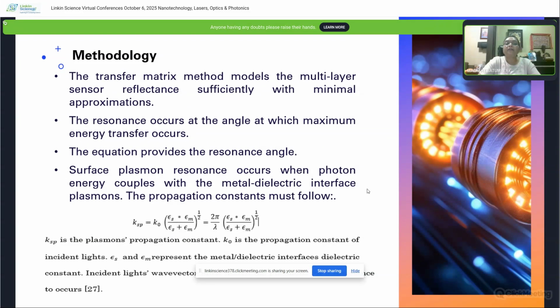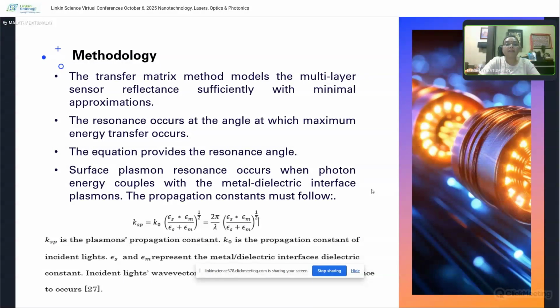We use a method called the transfer matrix method for the multi-layer sensor reflectance, which was sufficiently investigated with minimum approximation. The resonance occurs at the angle at which maximum energy transfer occurs.